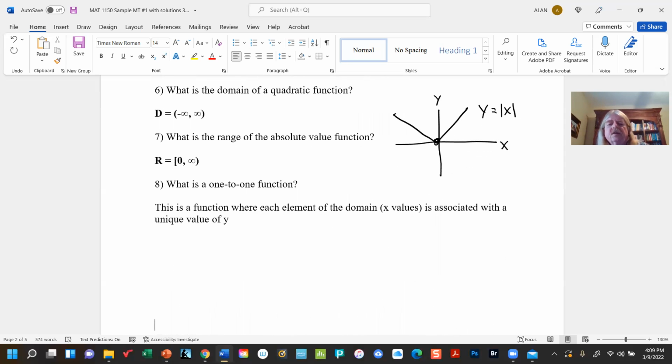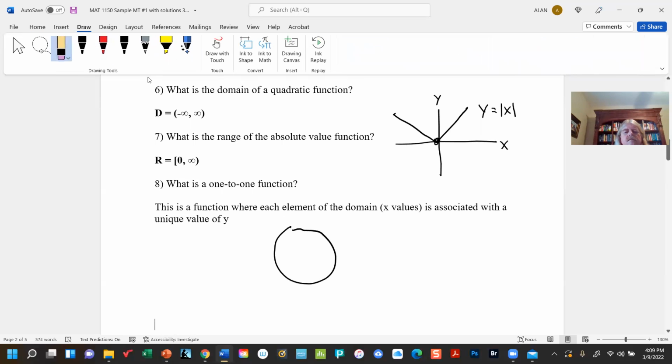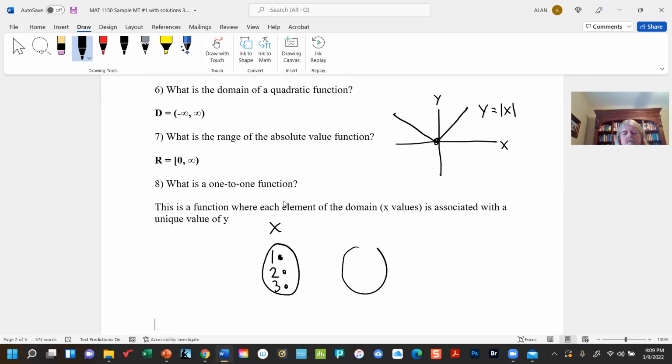So if you drew a little picture of this, like we did way back in the beginning, it means that, for example, you have something like this.